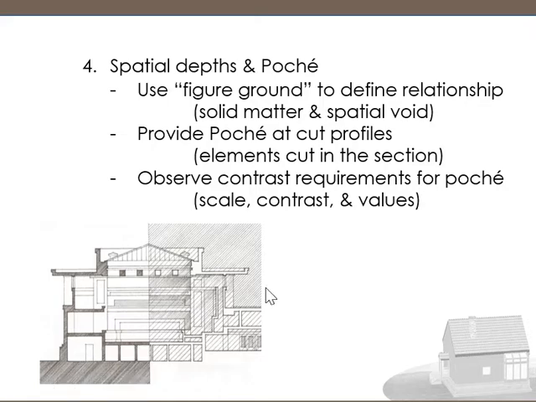It's important that you do that on all your cut profiles. And you observe the contrast requirements for poché. It's important because the poché gives contrast. And sometimes we do them very dark. There are other times we might do a lighter gray or different values to indicate a different material. So poché, once again, gives us some spatial depth and it makes the item appear solid. And that is our goal.